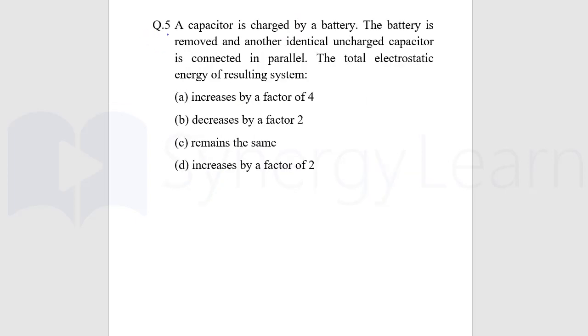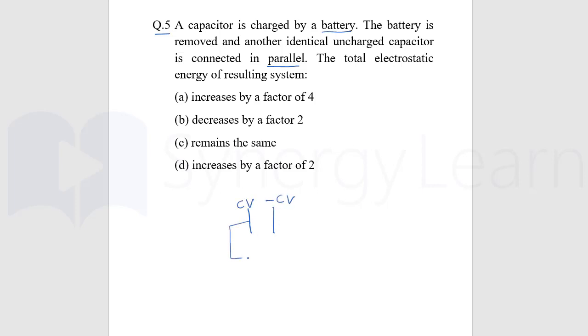In the fifth question, it says a capacitor is charged by a battery. The battery is removed and another identical uncharged capacitor is connected in parallel. So we have a capacitor which is charged, say through voltage V. So we will have charge CV here and minus CV.